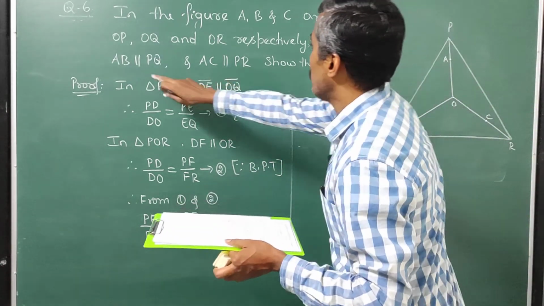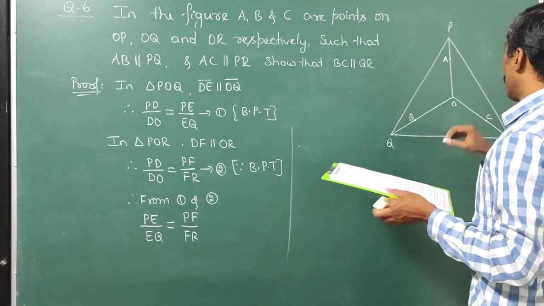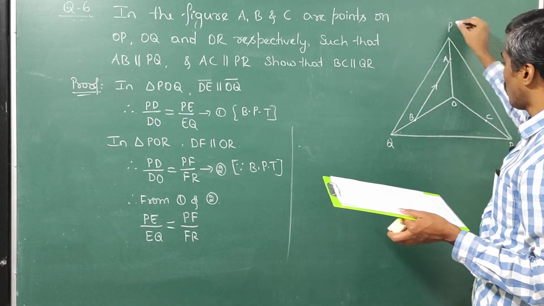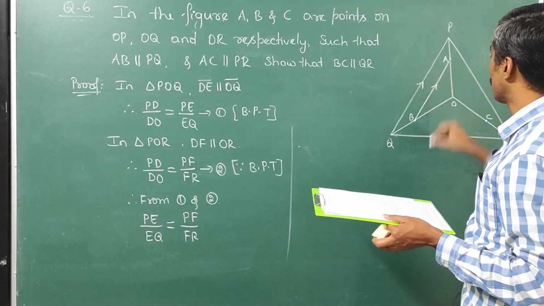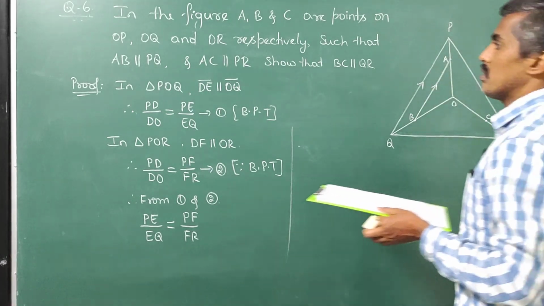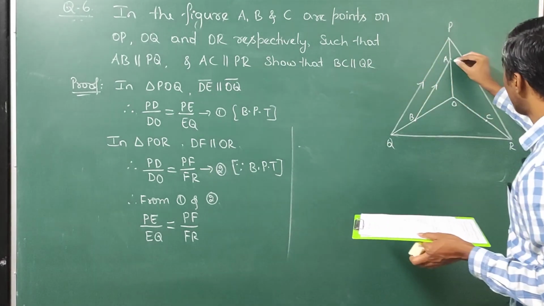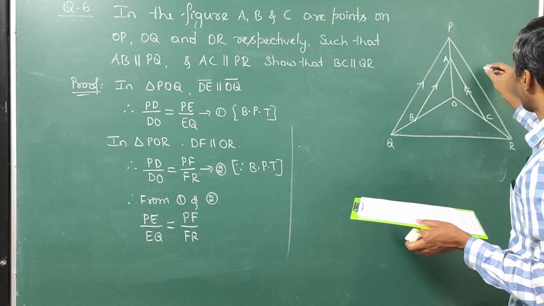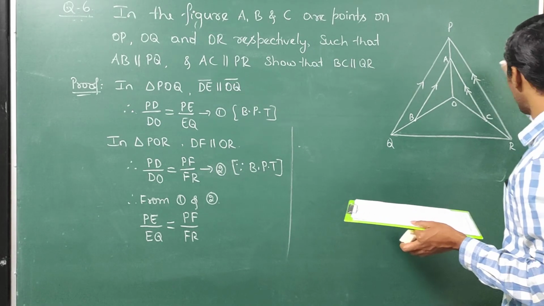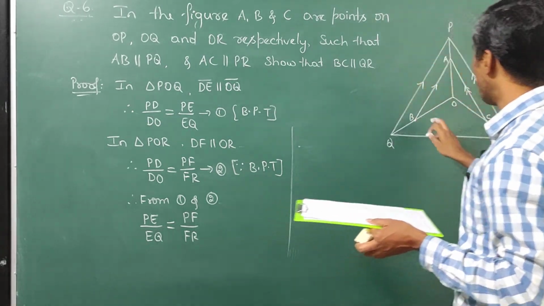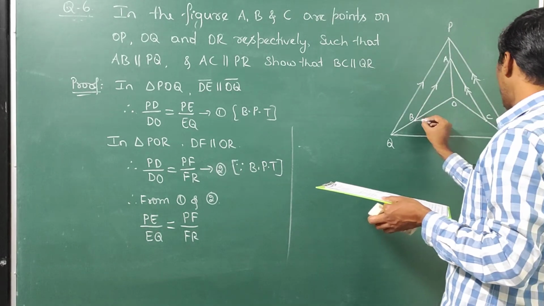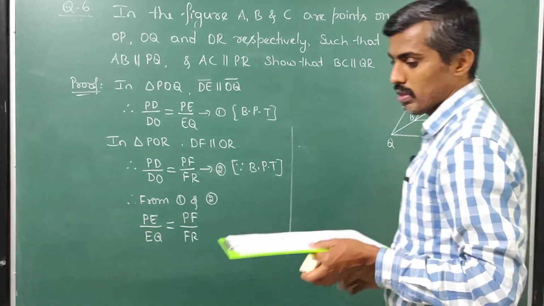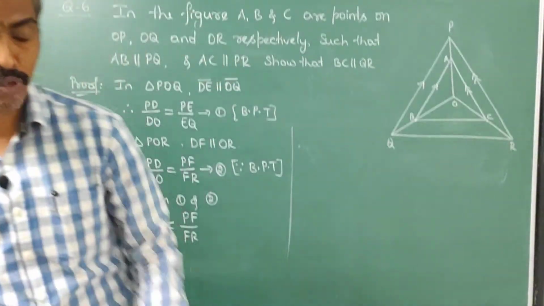Then it is given AB is parallel to PQ, then AC parallel to PR. Then if I join BC, we have to prove that BC is parallel to QR. So it is similar to the earlier problem.